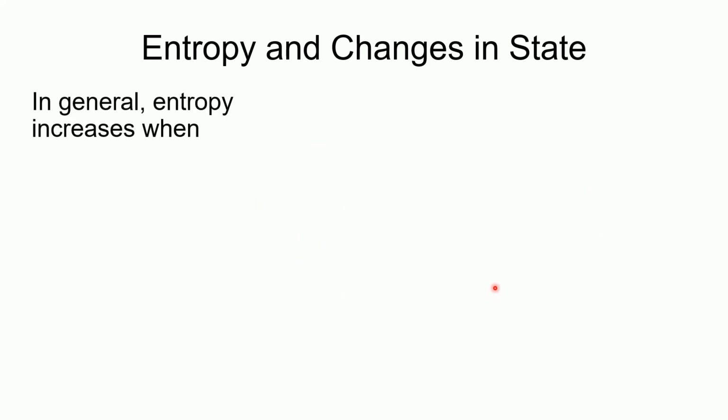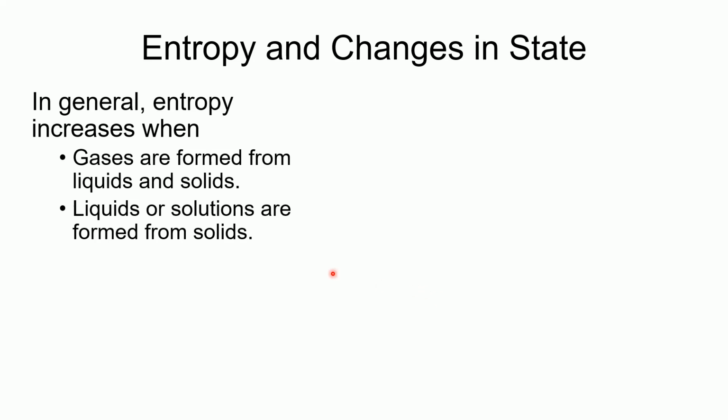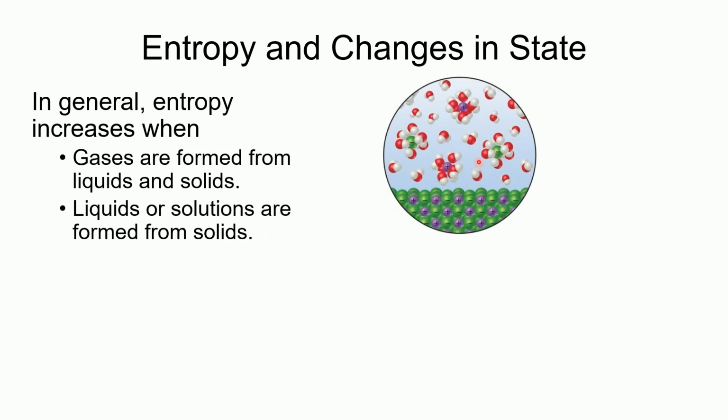If we have changes in state, we'll find in general entropy will increase when gases are formed from either a liquid or a solid, or if a liquid or solution is formed from a solid. So here we've got solid sodium chloride, and then we've got sodium ions in solution.